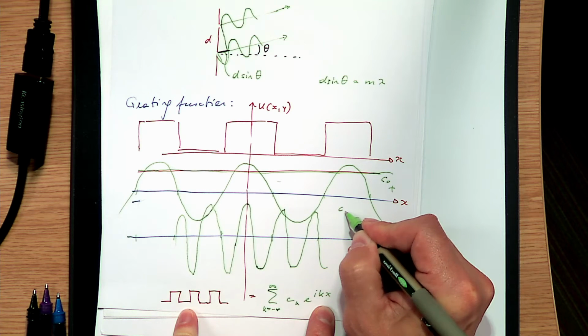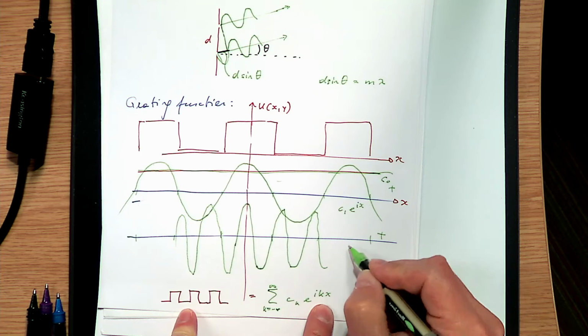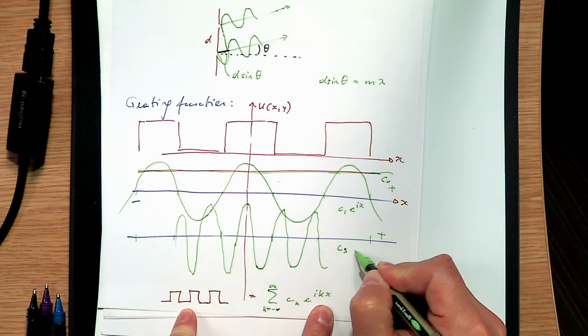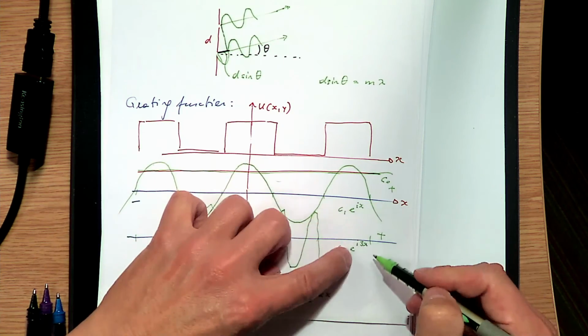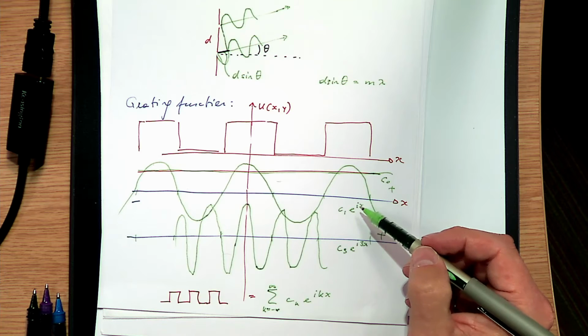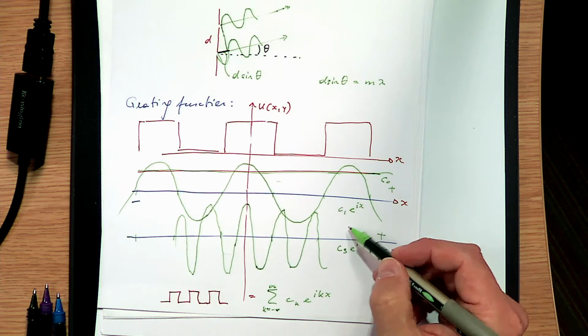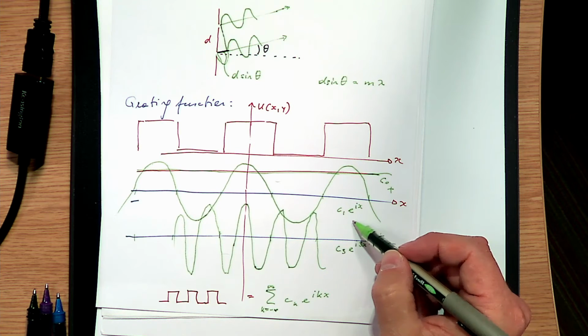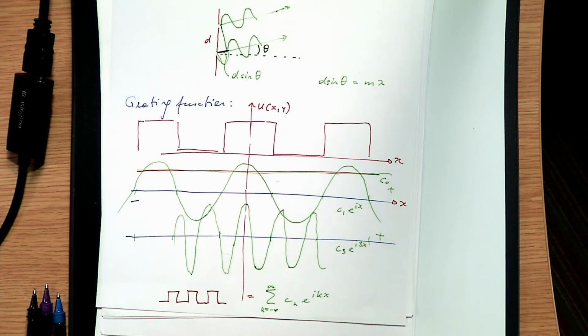This one here would be c1 times e to the ix, so k equals 1. This here turns out to be c3 e to the i3x, so this has frequency 3. In fact, you only have odd harmonics in here, so k equals 1, k equals 3, k equals 5, and so on. And all the even ones, k equals 2, k equals 4, k equals 6, drop out.